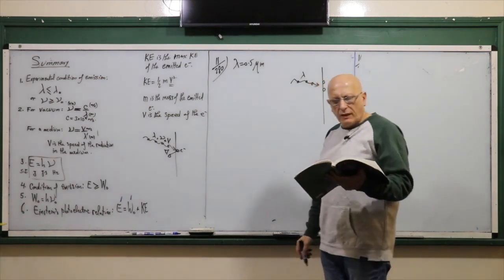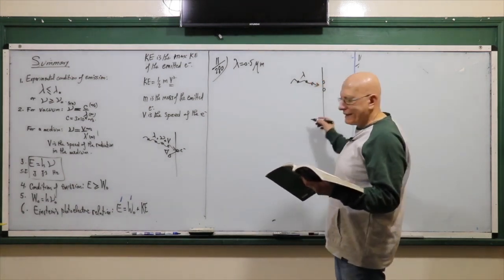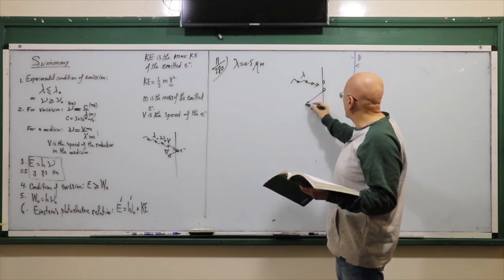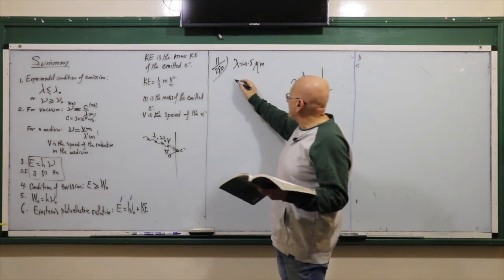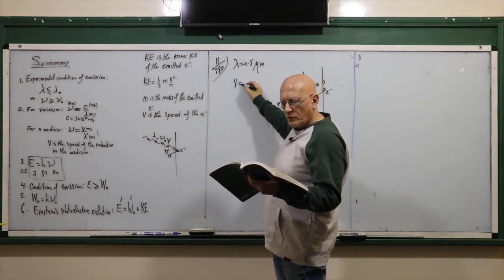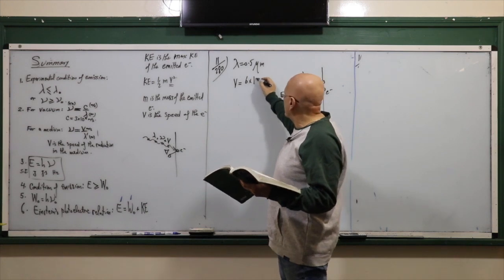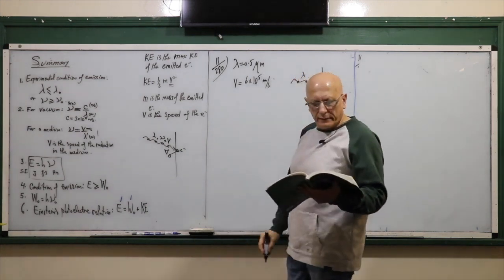Electrons are ejected with the speed 6 times 10 power 5 meter per second. So the electrons here will be ejected with V.